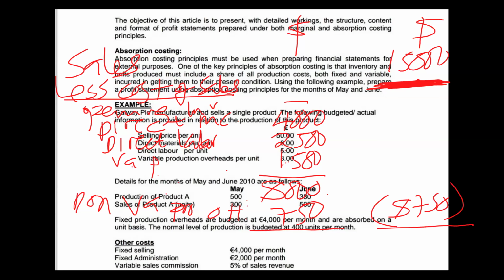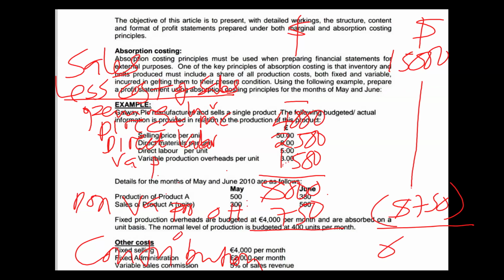Then you'll have the contribution. How much is the contribution? You deduct this from sales or from revenue, from this figure here, that's the revenue. What do you find? 6,250. Everyone finding the same?